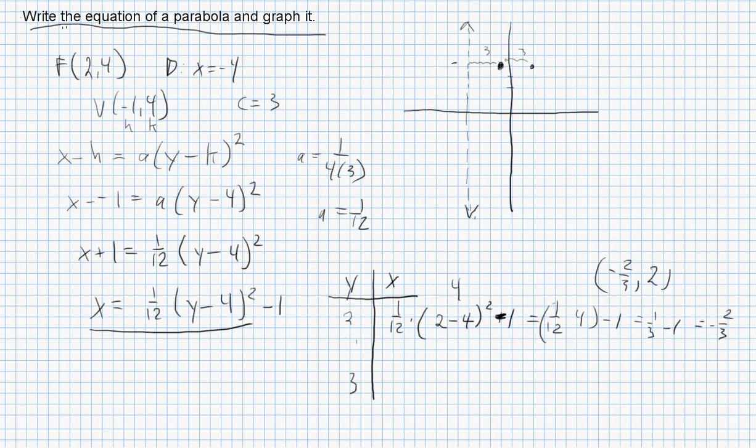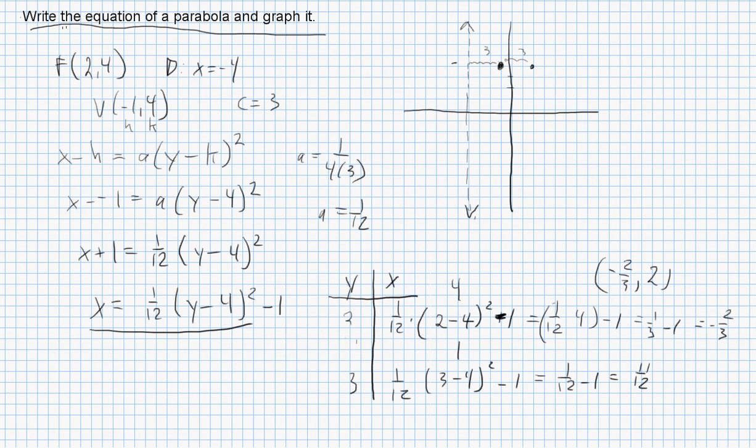Now we put 3 in, so that's 1/12 times the quantity 3 minus 4 squared, minus 1. That's 3 minus 4, that's -1, squared is 1. So that's going to be 1/12 times 1, so 1/12 minus 1, which is -11/12.